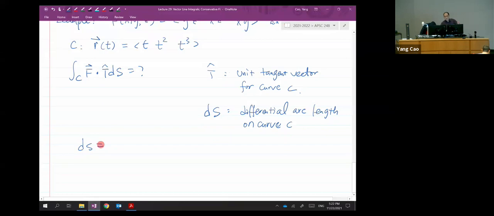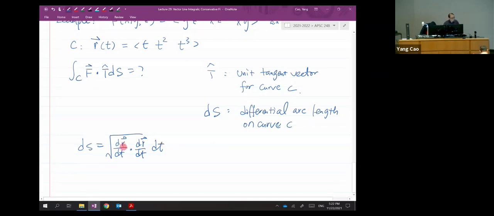If you look at one of the lecture notes, when you are given the parametric equation for a certain curve C, then its differential arc length is the square root of dr over dt dot dr over dt, times dt. That's the formula that we derived when we learned the scalar line integral.